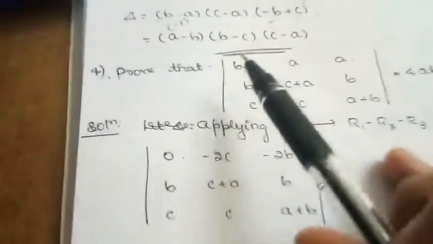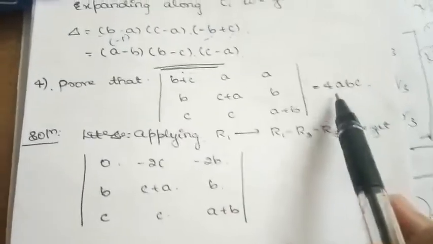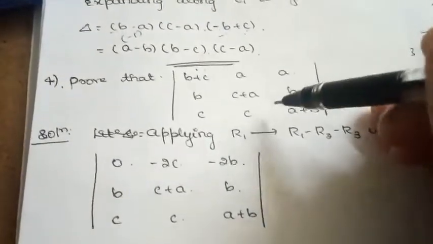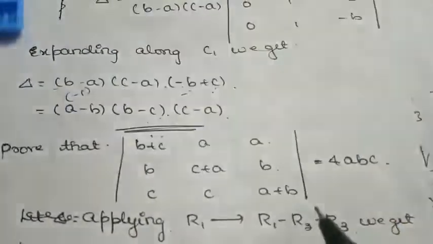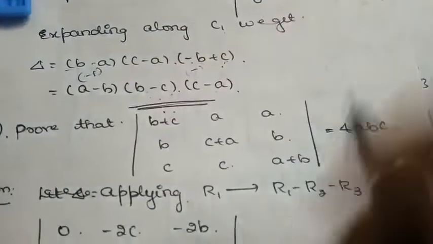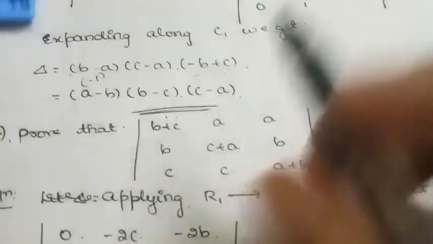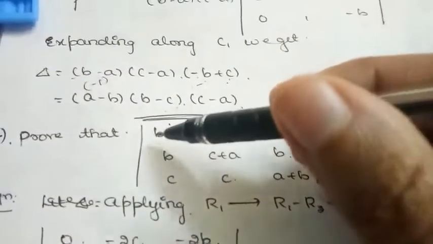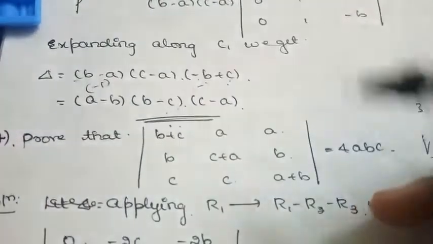Okay, let's proceed to the next one. They are asking you to prove this determinant value is equal to 4ABC. So again, the thinking is, what is the operation which we can deal with? You can see here what we can apply so that any one of the rows or columns becomes 0. So I use this row operation, that is R1 minus R2 minus R3. So at that time B plus C minus B minus C, this element becomes 0.